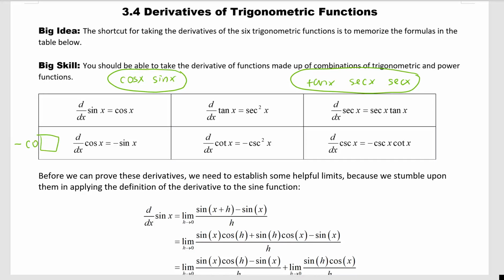After you memorize the first row, the second row is just negative whatever is on top. So the derivative of cosine is minus sine. The derivative of cotangent is minus cosecant squared. The derivative of cosecant is minus cotangent cosecant. Very easy, right?